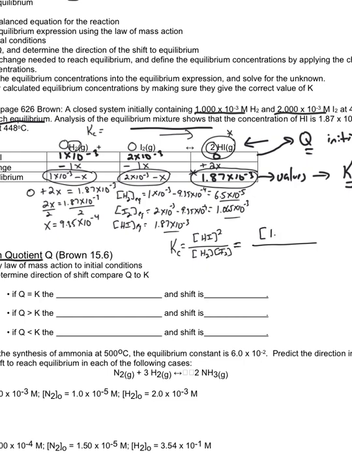So HI is 1.87 times 10 to the negative third, squared, divided by 6.5 times 10 to the negative fifth and 1.065 times 10 to the negative third. So going ahead and punching that out, I get a Kc value that is 50.5.